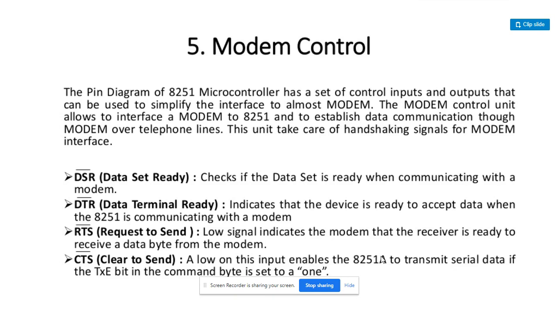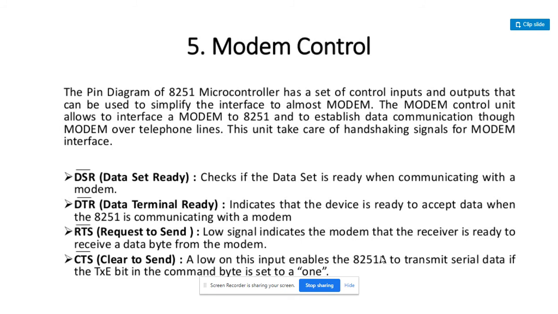Here is one more section that is called modem control. In the pin diagram of the 8251, there is a set of control inputs and outputs that can be used to simplify the interface of almost all modems.